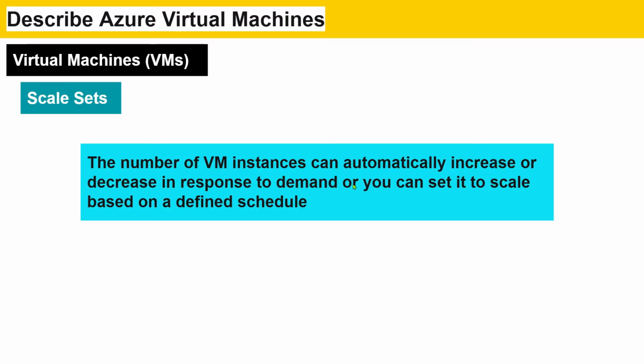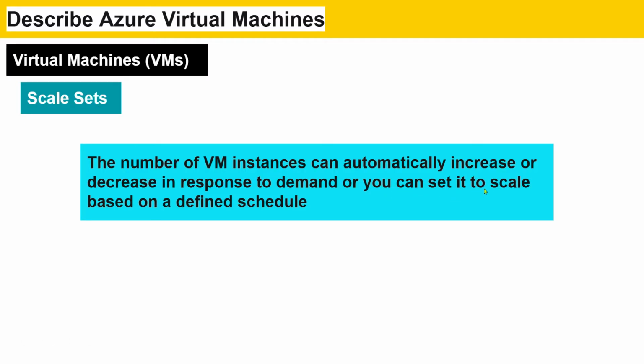In that case, I can simply enable automatic scaling. Azure will automatically increase or decrease the VMs based on the number of VMs required at the moment. And after some time, the need has gone down, so it will automatically scale down. All these things can be done. So this is called scale sets.